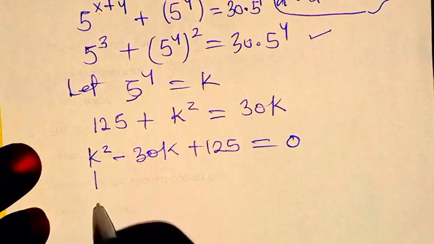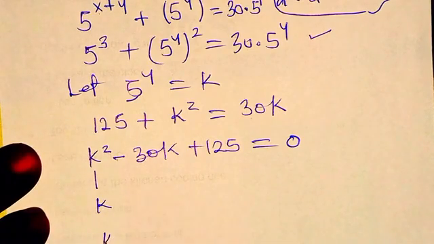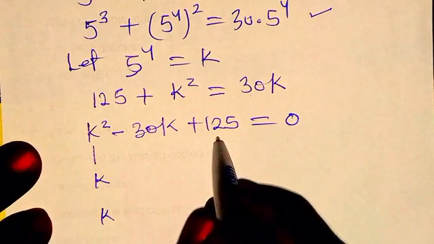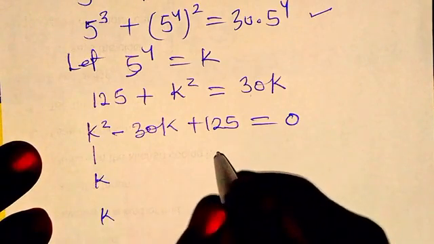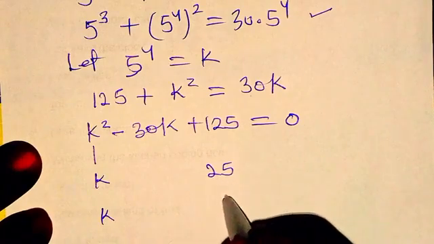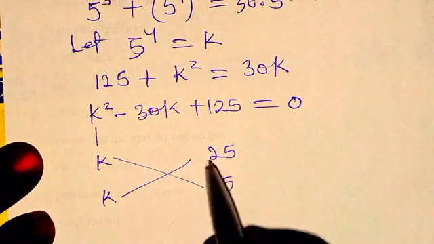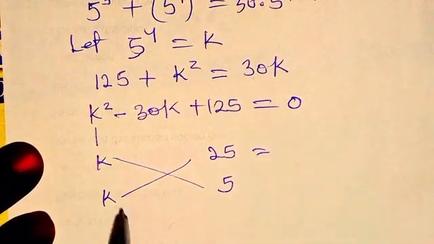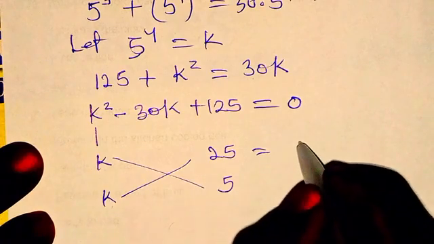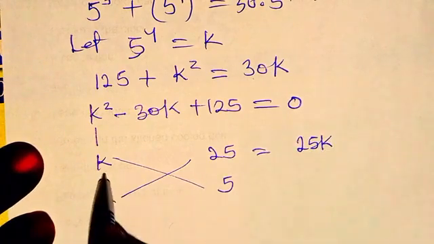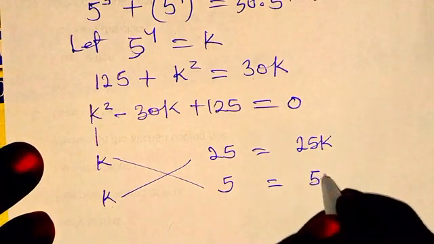I will take k as k multiplied by k, and I will take 125 as 25 multiplied by 5. I'm going to do cross multiplication like this. k times this, we get 25k. k times this, we get 5k.